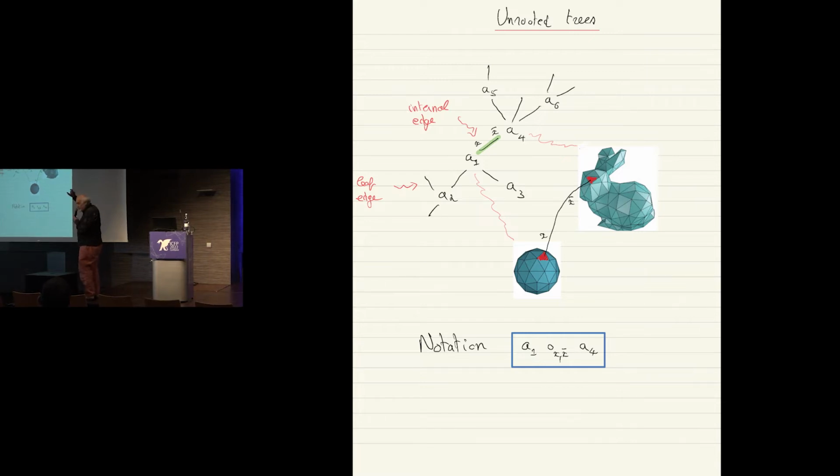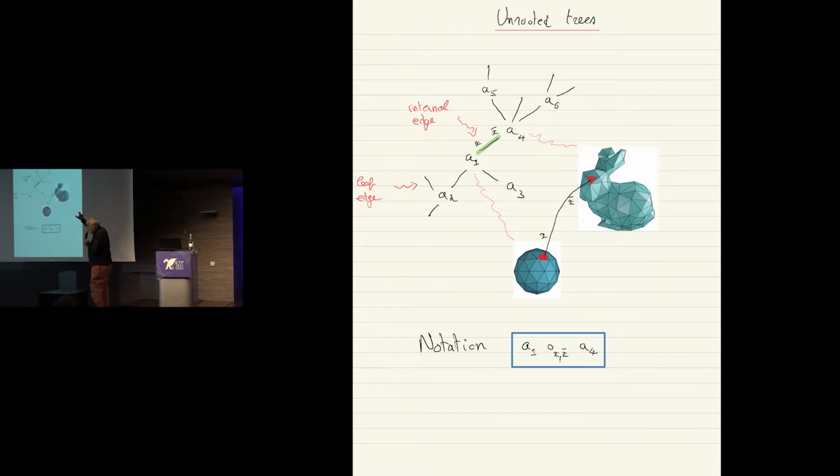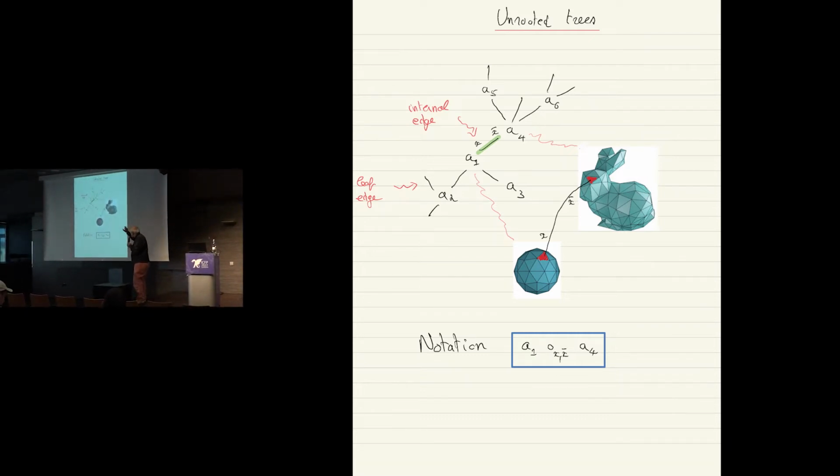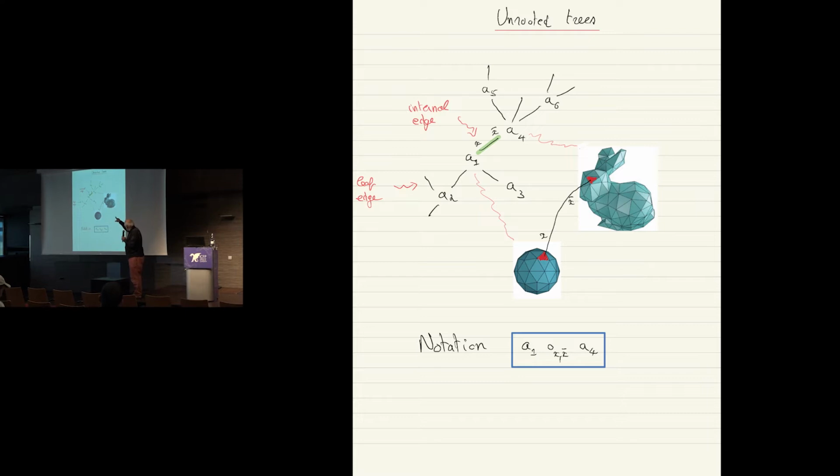And if you have two neighboring nodes, you might be interested in picking, well, the edges coming out of the node are exactly all the triangles of the surface.